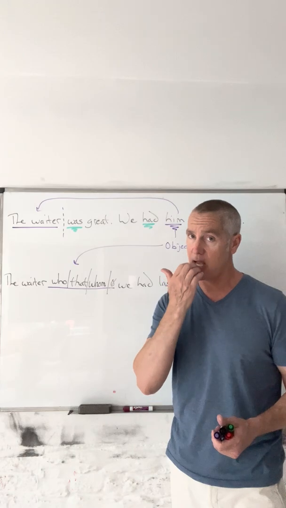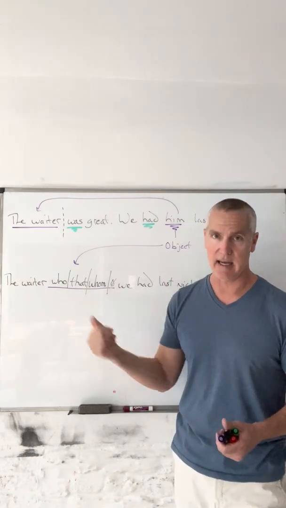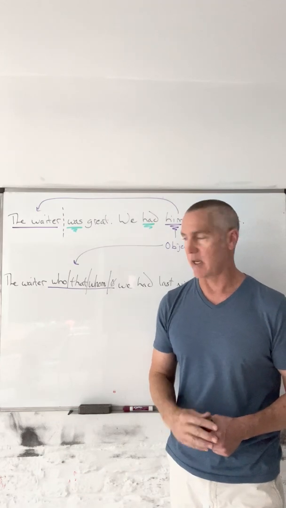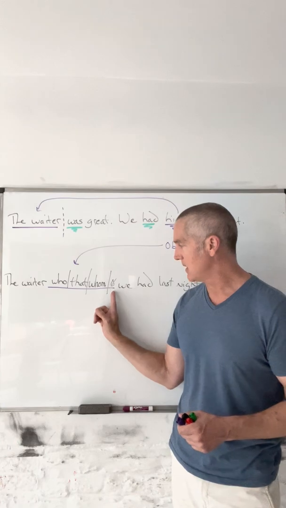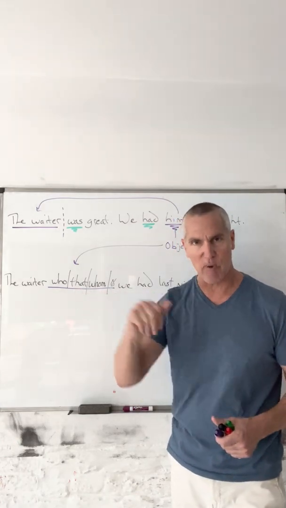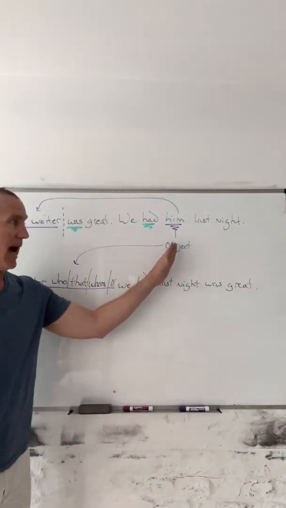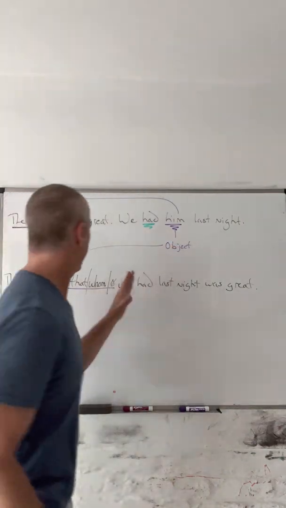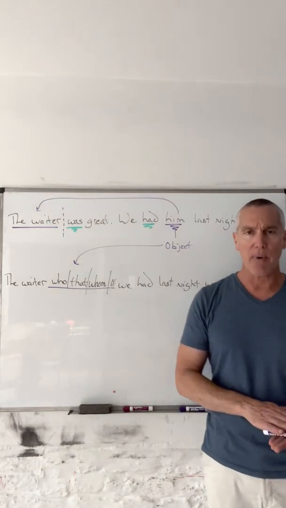You want to be like, give me, the waiter whom we had last night was great. So again, who is most common, whom is probably the most formal and the least common, and that just kind of right in the middle, like neutral.